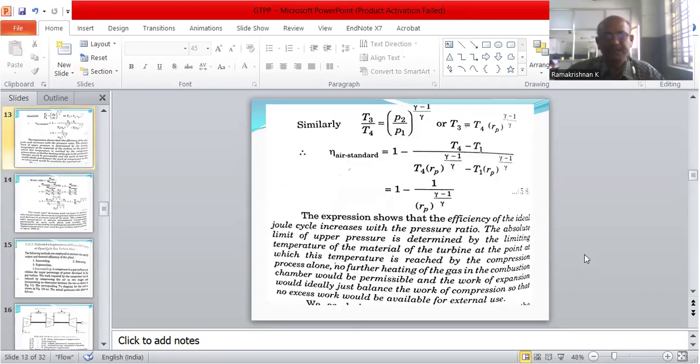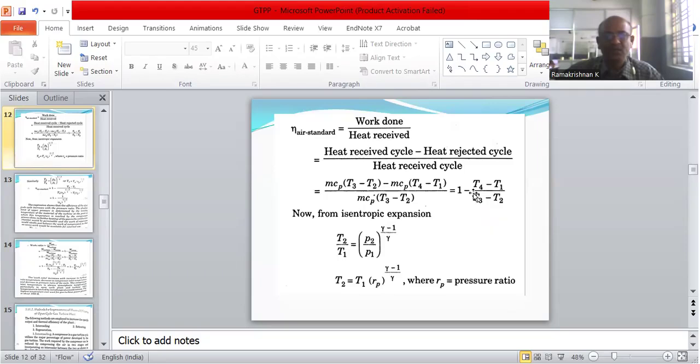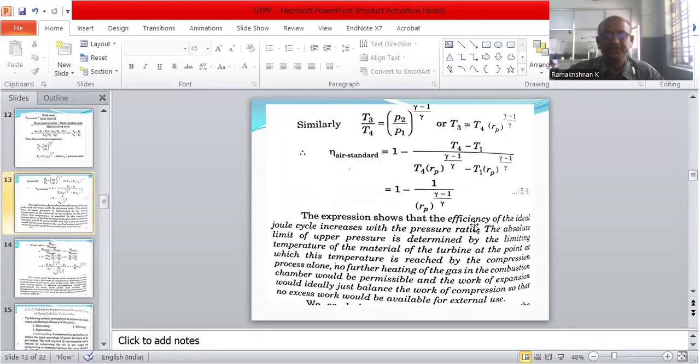Similarly, for the isentropic expansion process, we get T3 equal to T4 into Rp to the power (gamma minus 1) divided by gamma. And the air standard efficiency, as we have written, is 1 minus (T4 minus T1) divided by (T3 minus T2). Substituting T3 and T4, rearranging and simplifying, we get 1 minus 1 by Rp to the power (gamma minus 1) divided by gamma.